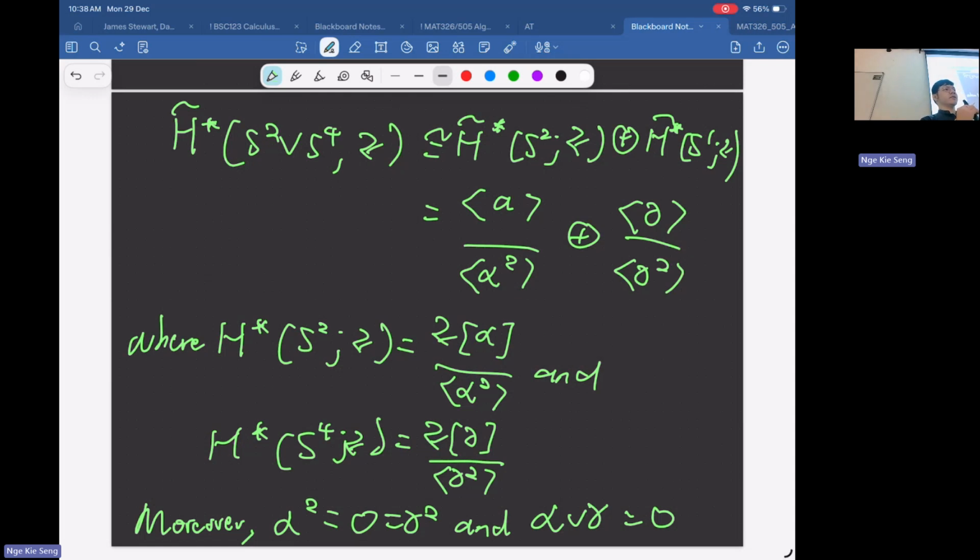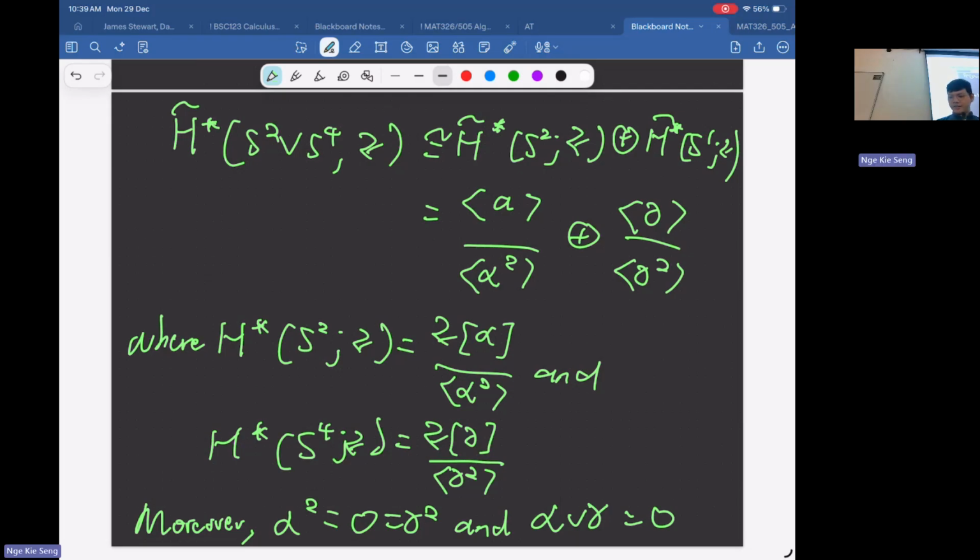But there's no degree 4 or degree 8 in the cohomology of S2 wedge S4. 单看 S2 的话，单看什么？S2 的话，它的什么是 zero？对，alpha square 是 zero。对，alpha square zero，所以我切掉。Okay, cool.